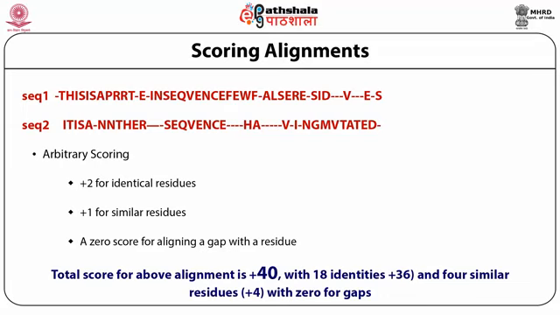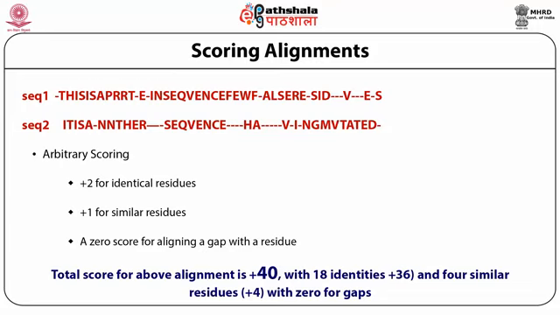With this arbitrary scheme, the total score for this alignment will be +40 because there are 18 identical residues totaling +36, 4 conservative substitutions by similar residues getting +4 score, and 26 gaps getting 0 score.